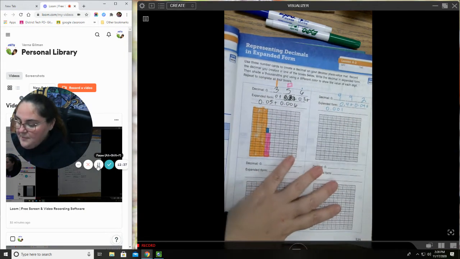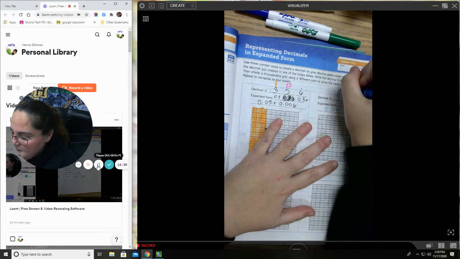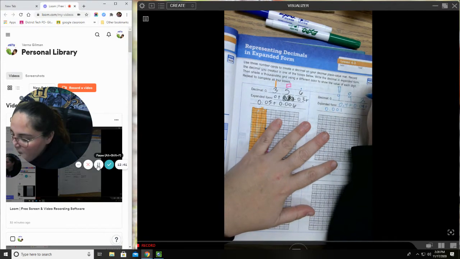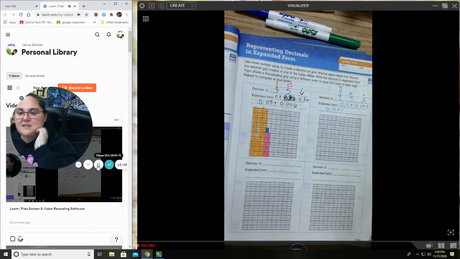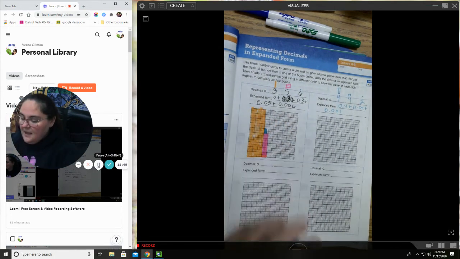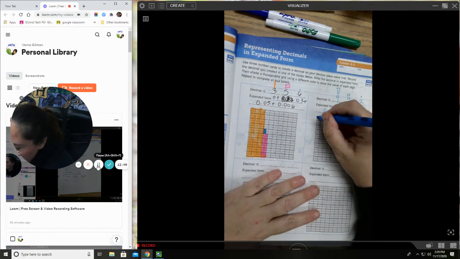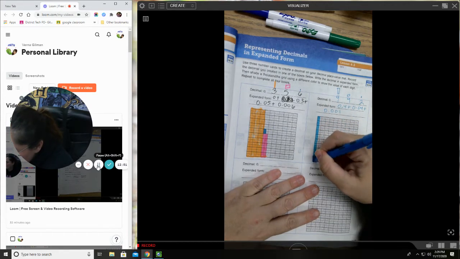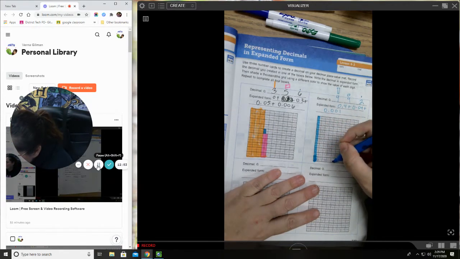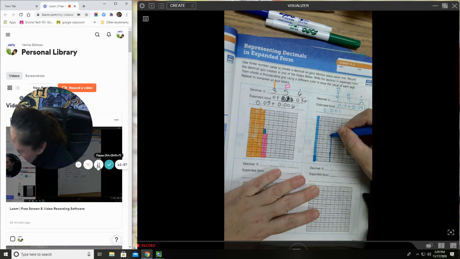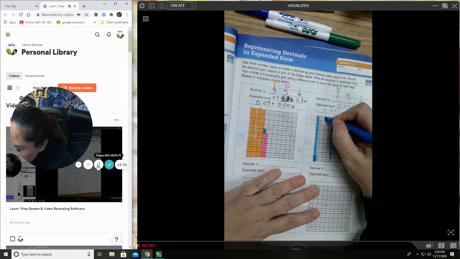All right, just like before, remember these are my sticks, these are my hundredths squares, and these are my little thousandths small pieces. All right, my sticks are going to be in blue this time. 4 tenths. 1, 2, 3, 4. So what I do is I like to just kind of outline it, because that makes sure that's nice and neat. Awesome.